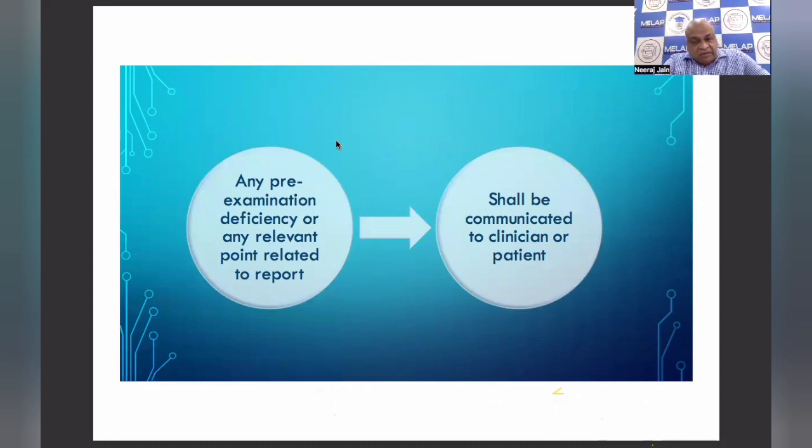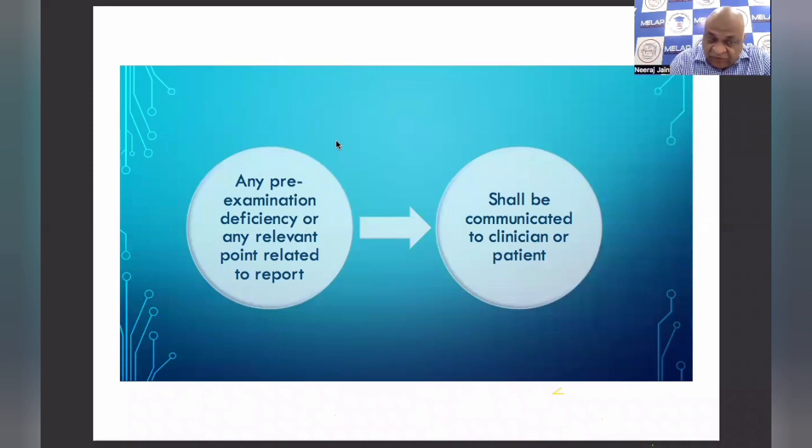And important thing is, what we are saying, we have to develop good control over the quality of result. Sometimes what happens, problem is not related to our analytical part. Problem is related to our pre-examination part. Some sample is not received in a correct manner.